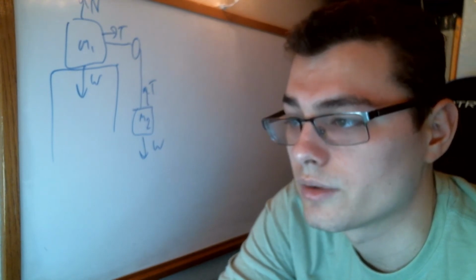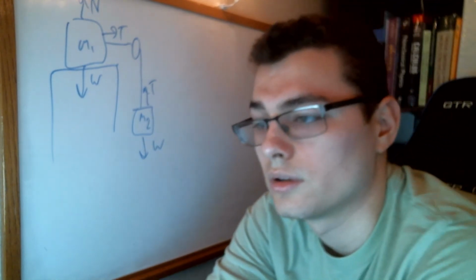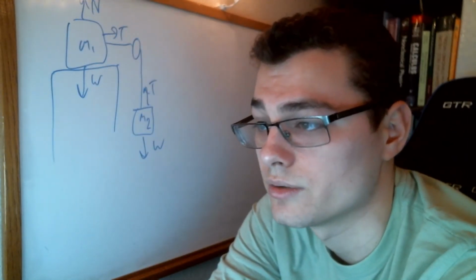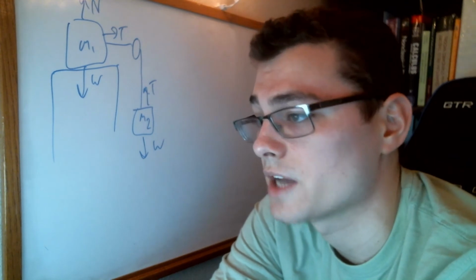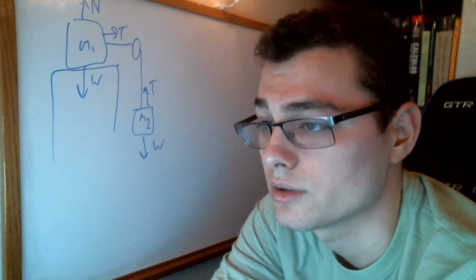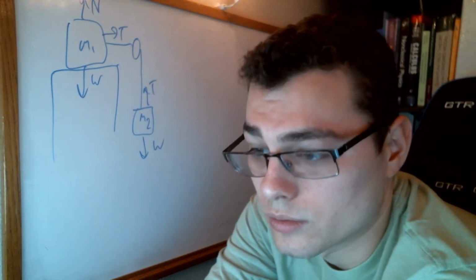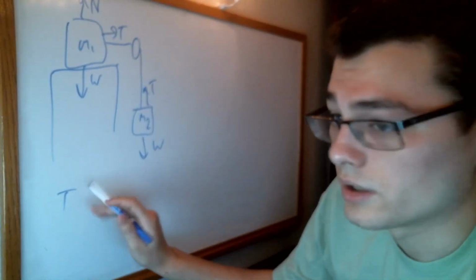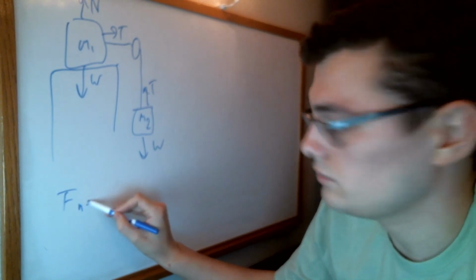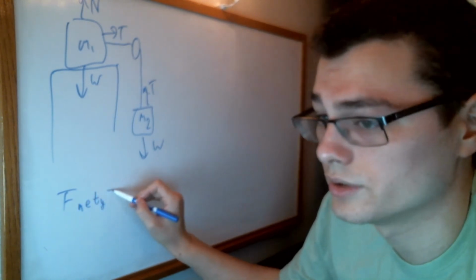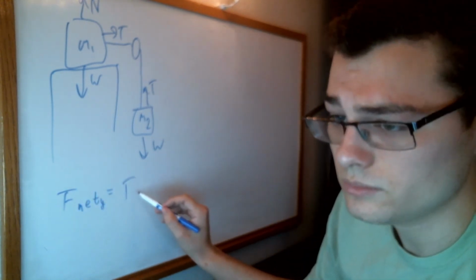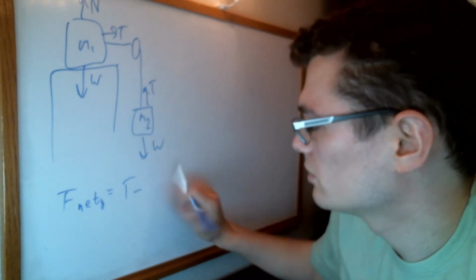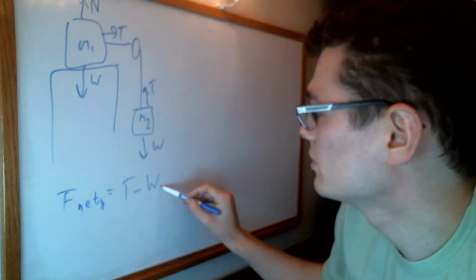And so now the problem is going to ask for the acceleration a2 that the block of mass m2 experiences in the y direction. And so we know a couple things, that we know that F net in the y direction is going to be equal to T minus W2 here.